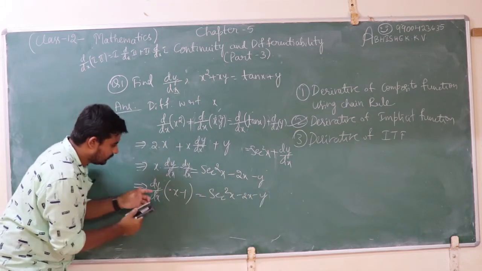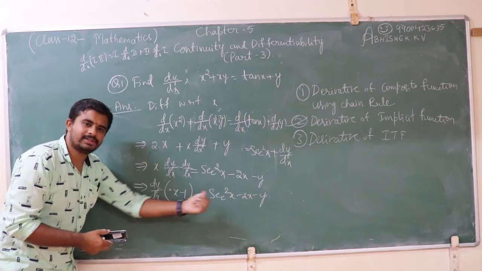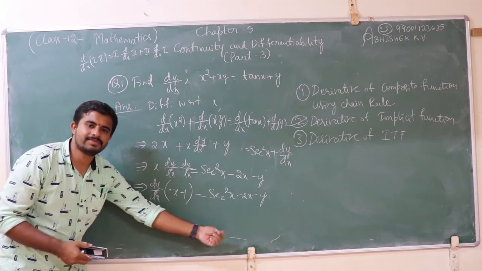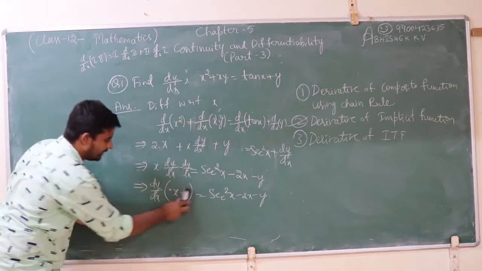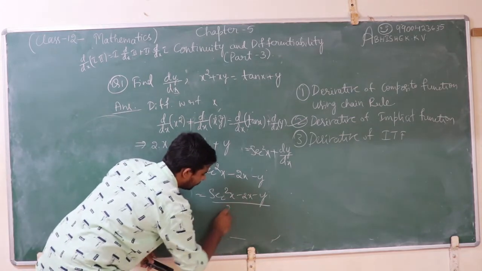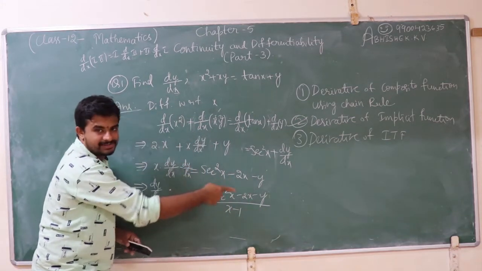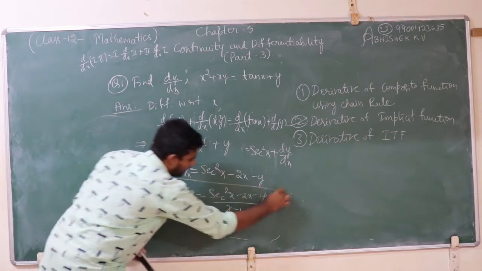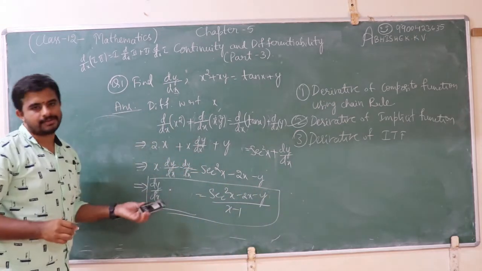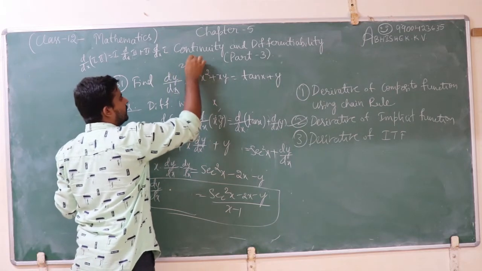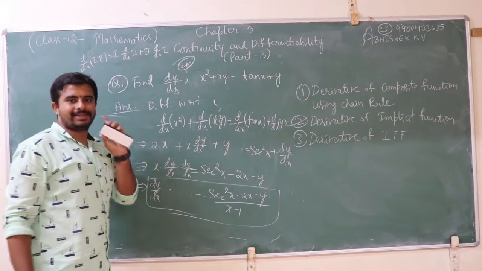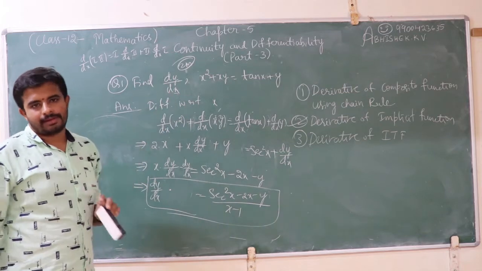When I transfer this x minus 1 to RHS, it becomes the denominator because it is in a product. We need to find dy by dx. So dy by dx is equal to secant square x minus 2x minus y, the whole thing divided by x minus 1. So this is the answer. The examiner requires this type of question for our annual examination in part B for 2 marks.